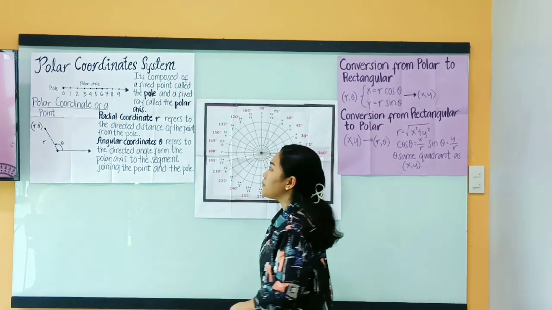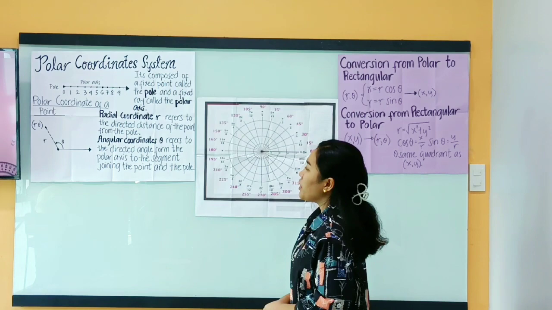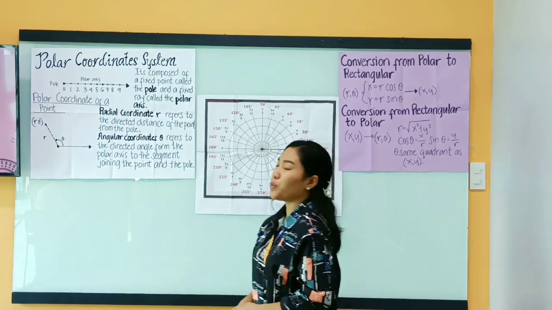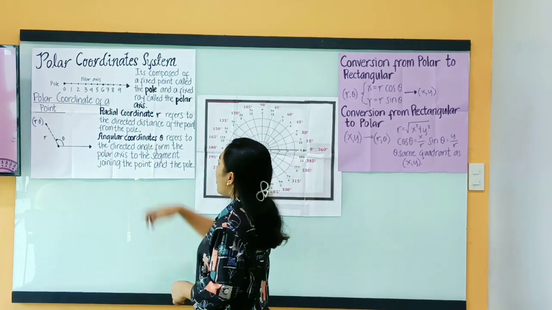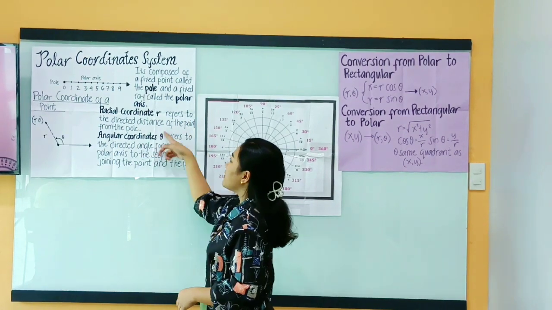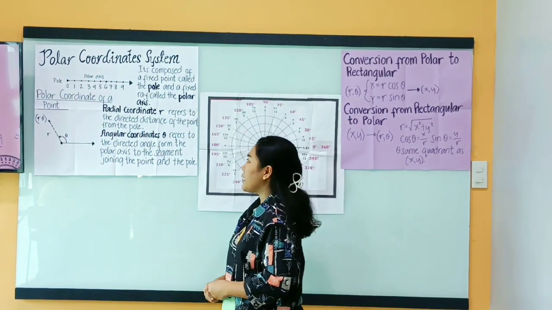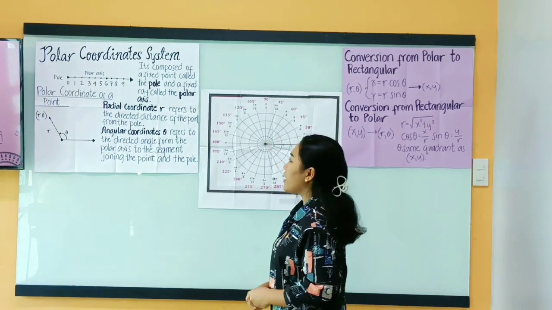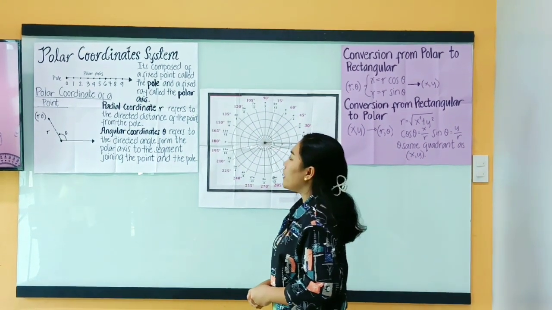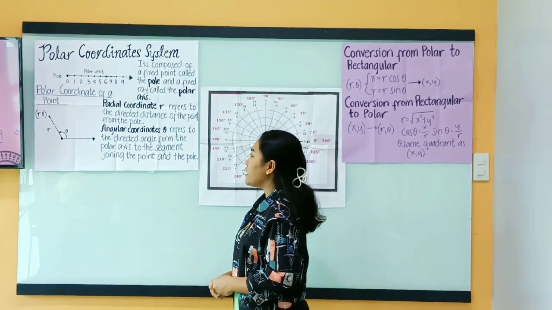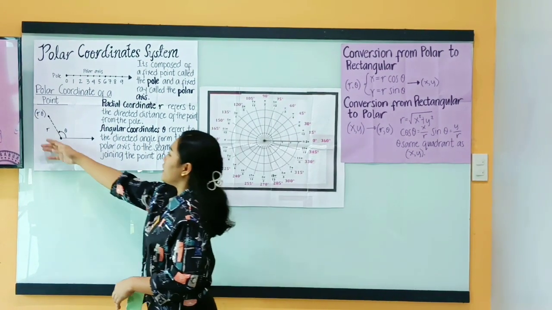As you can see, a polar coordinate of a point has two parts. The radial coordinate r refers to the directed distance of the point from the pole, and the angular coordinate theta refers to the directed angle formed from the polar axis to the segment joining the point and the pole.